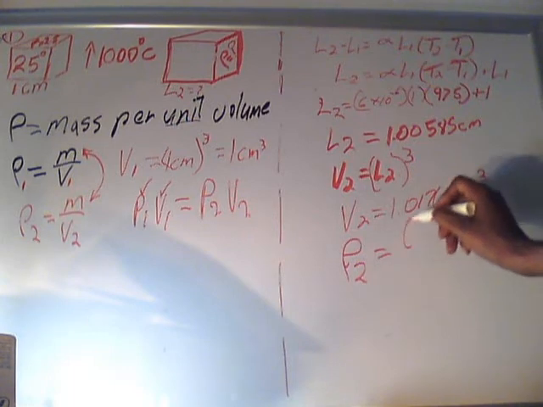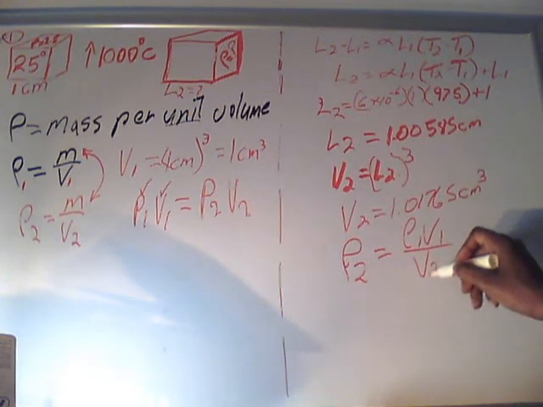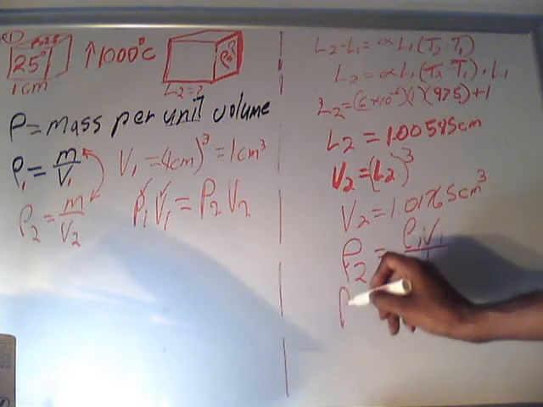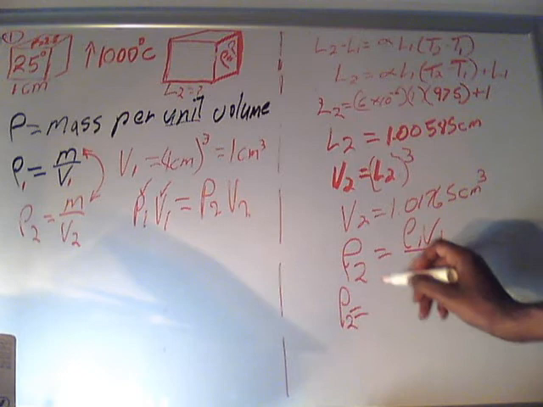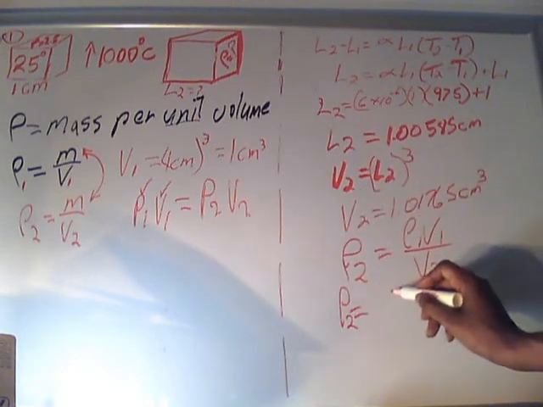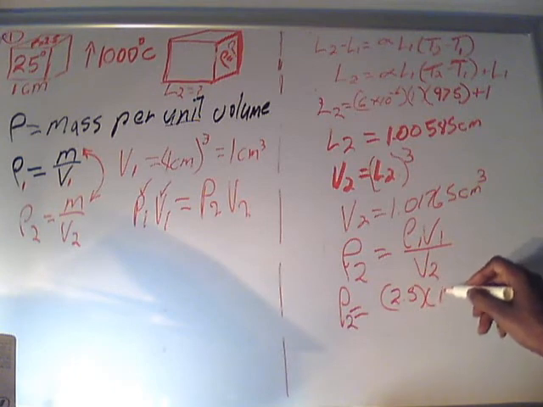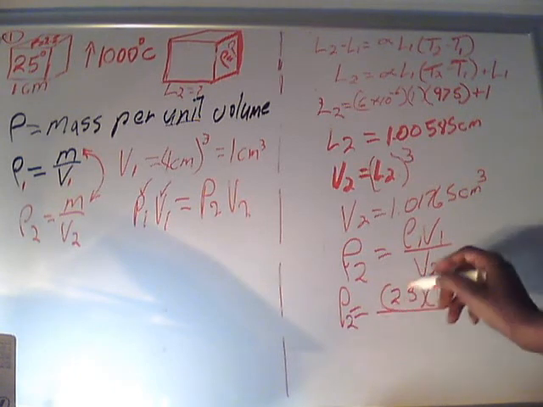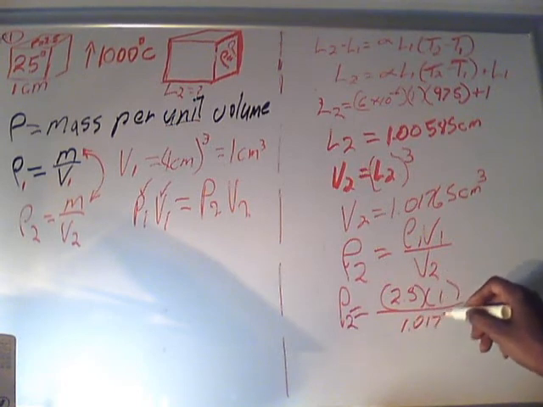Rho 2 is going to be equal to 2.5 times 1 over 1.0176.